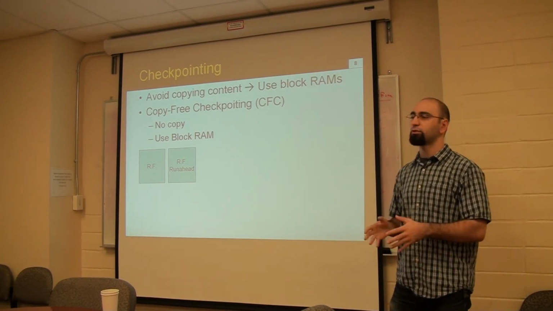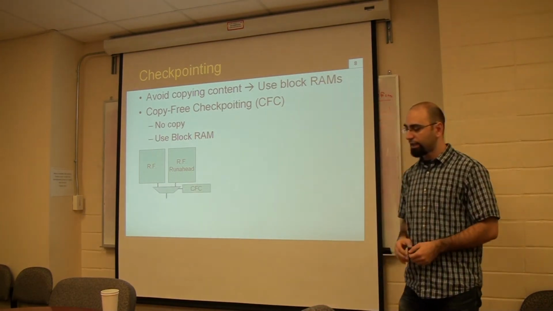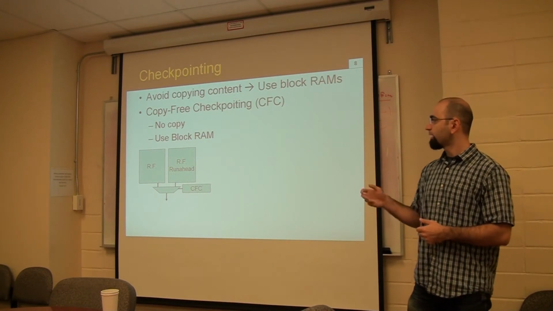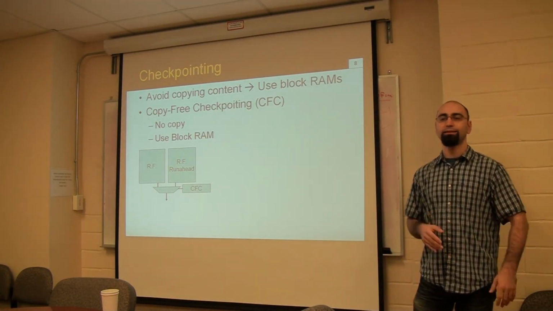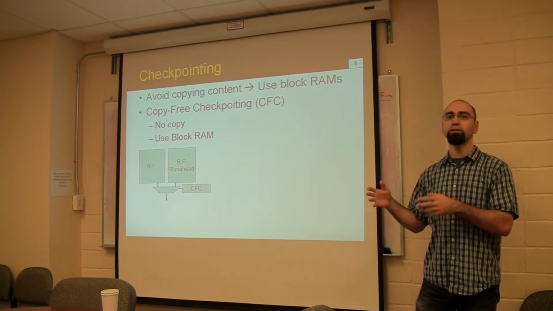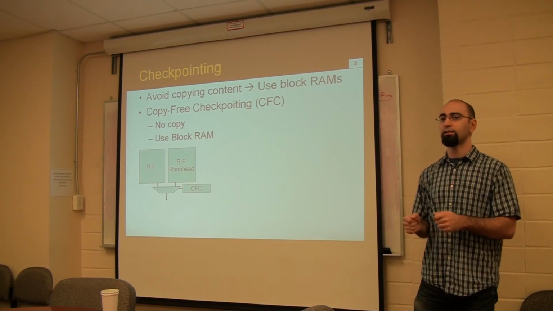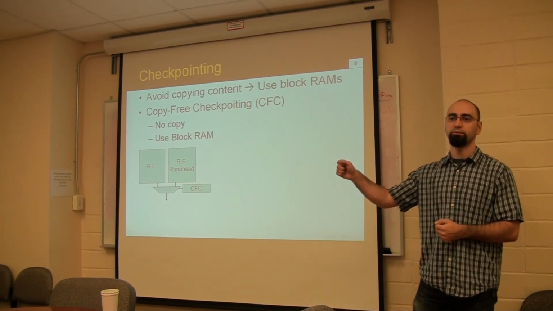So we replicate the register file in two, and all we have to do is say which one I am going to use. The original register file is used in normal mode, and the second register file is used only for data that's produced in Runahead mode. If I'm using any data that's been produced before in normal mode, I get it from the original register file.